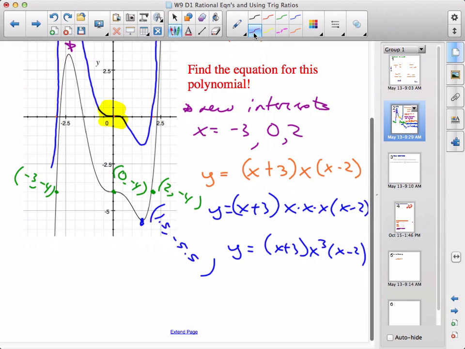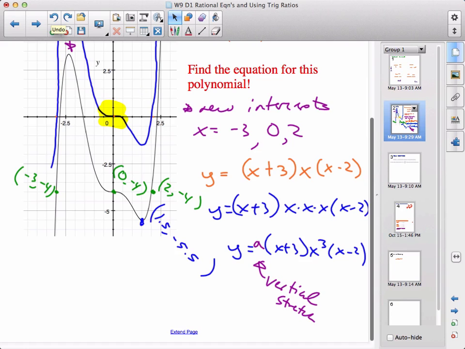So what is this a? Oh, it's a transformation. a is the stretch of the graph, right? Yeah, love it. It's an outside multiplication, so it's just going to be the vertical stretch.